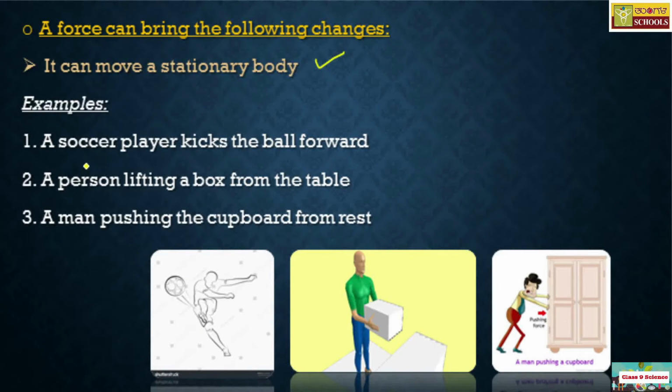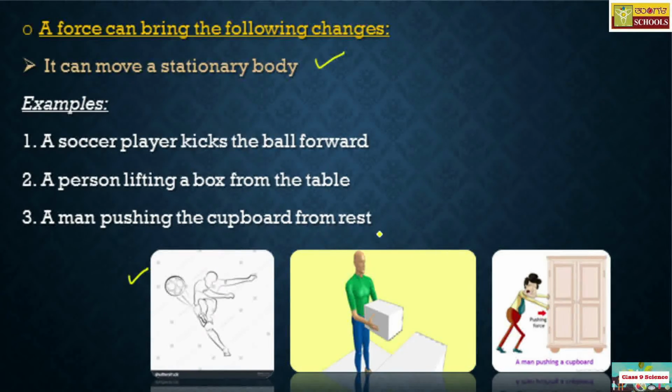Where do you find this point? Examples: a soccer player kicks the ball forward. In picture number 1 here, you will see a soccer player kicks the football forward. So it moves from the state of rest by the application of force. Therefore, I can say force can move a stationary body such as a football.